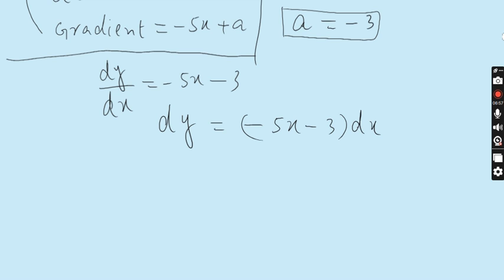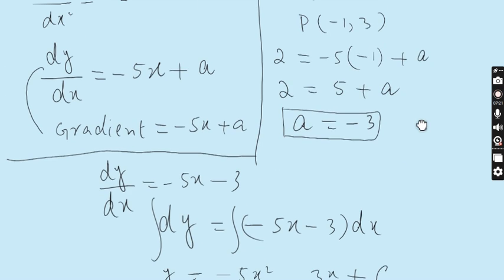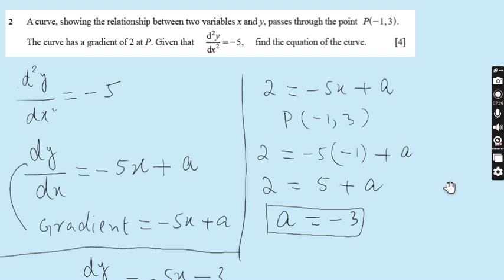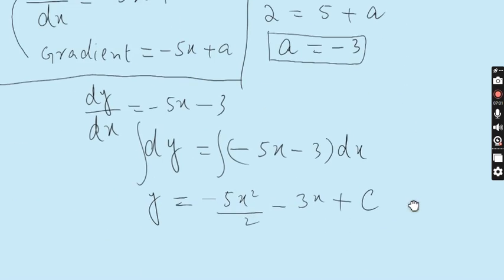That is, integral of dy is obviously y. Integral of -5x is -5x²/2. Integral of -3 is -3x, and there should be some constant c. Now see the question again. A curve showing the relationship between two variables x and y passes through the point P which is (-1, 3).